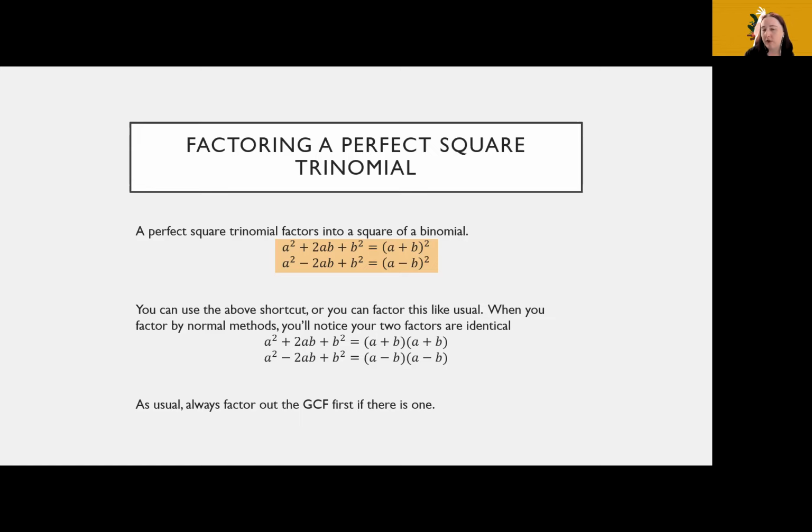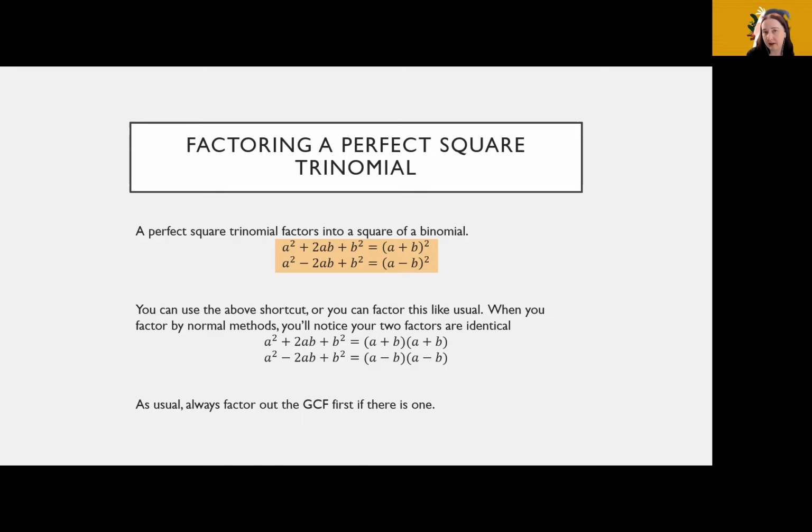So if you didn't recognize that it's a perfect square trinomial, you can go through factoring using the other 2 methods, trial and error or the AC method. And when you go through it with those methods, you're going to see that when you factor, you get 2 identical things.